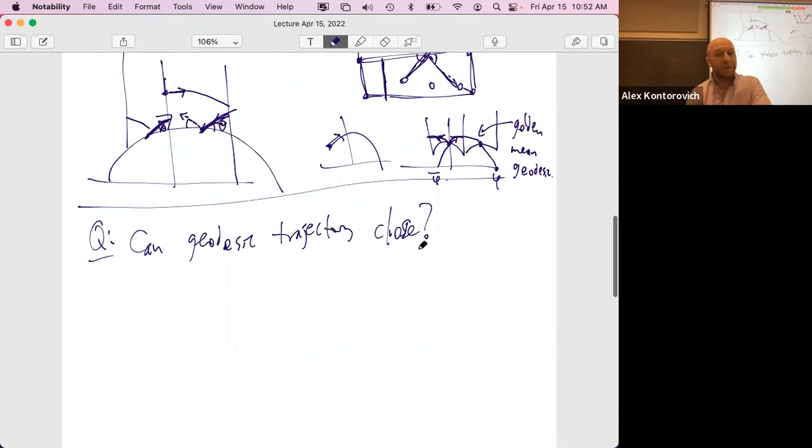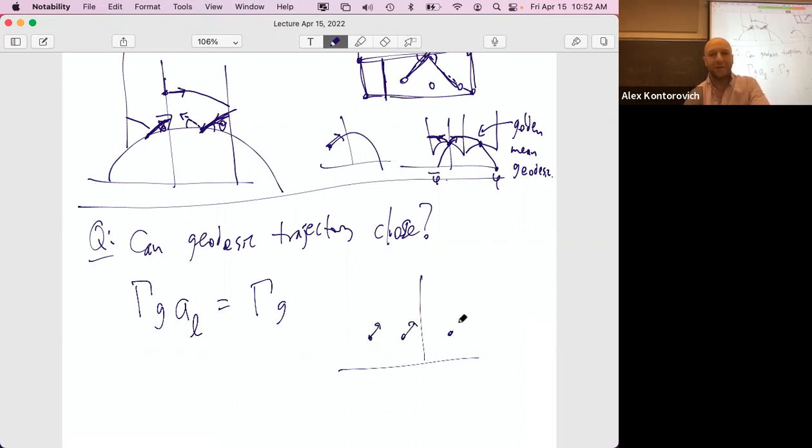So what does it mean for a geodesic trajectory to close? It means that if you start from one of these cosets, you follow the geodesic flow for time L, and you hit exactly the same coset as you had before. If g is some point and vector, then the coset gamma g is the set of all of these orbits, wherever they are all over the place.